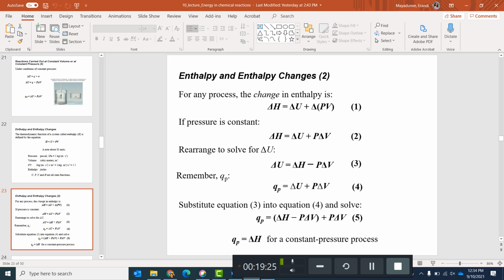At constant pressure, delta H equals delta U plus P delta V, and delta H is enthalpy or heat. So instead of delta H you write Q, and you take the P delta V to this side, and you have delta U plus P delta V. Then substitute equation 3 into equation 4 and you solve.